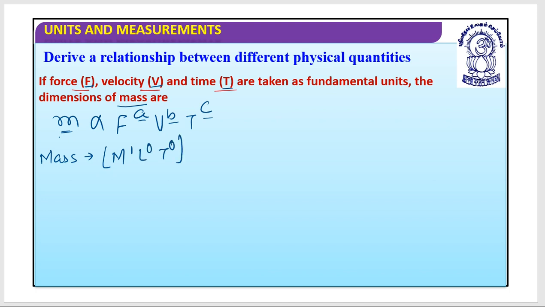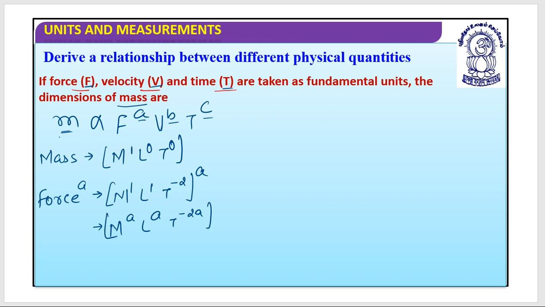Yes. What are the dimensions of the force to the power A? Force is kg meter per second square. It's M1 L1 T to the power minus 2, to the power A. So this is M^A L^A T^(-2A), and time T to the power C, it is M0 L0 T to the power C. Yes.